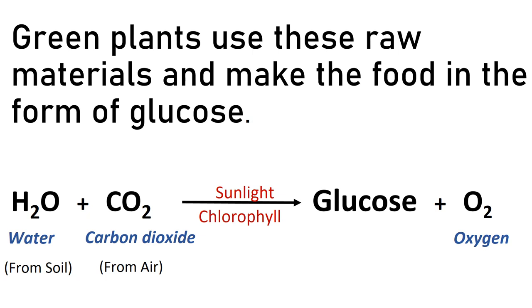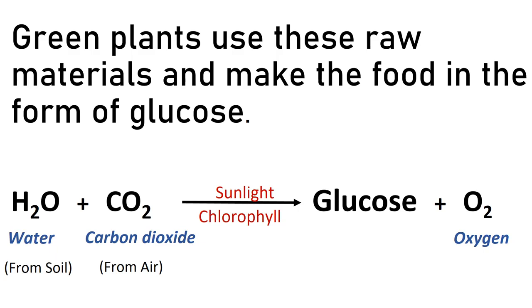The process of photosynthesis can be represented chemically in the form of an equation. Here, all the raw materials are written on the left hand side and are known as the reactants, whereas the final material which is obtained after the chemical process are termed as products and they are written on the right hand side.